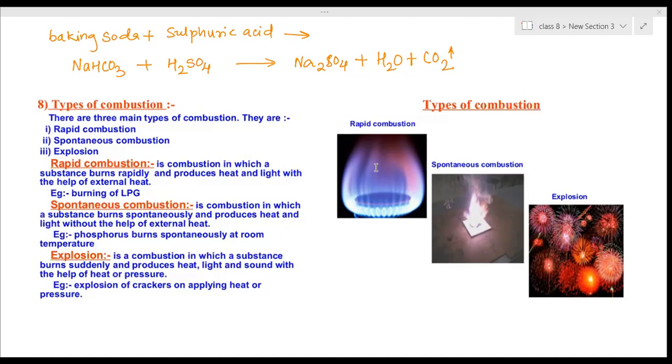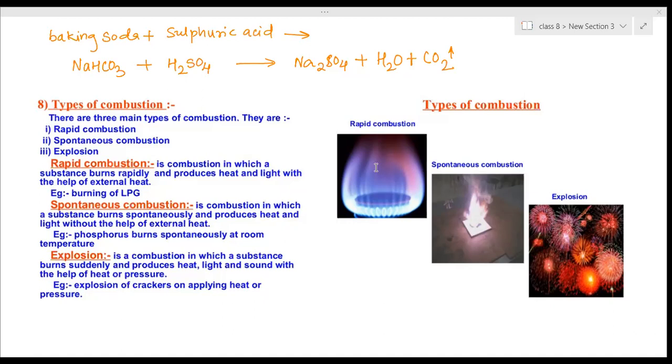Those dried leaves rub over each other, and sometimes a large amount of heat energy is produced, due to which it starts catching fire, and after that it keeps on burning continuously. You have seen forest fires. To extinguish a forest fire, it took months also. So there it is not needed to provide any external heat. It immediately starts burning by itself.